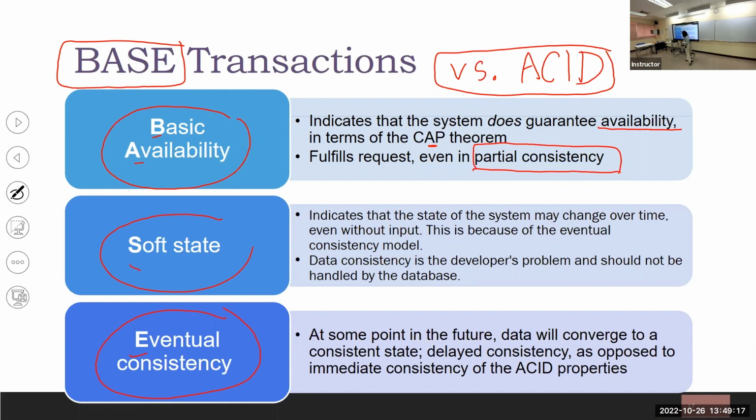And soft state means the system state changes over time. Okay. And in the past, if you are an experienced database administrator of a relational database system, you will know that in most cases the RDBMS takes care of a lot of things, even transaction processing, the ACID model, and many more, right?